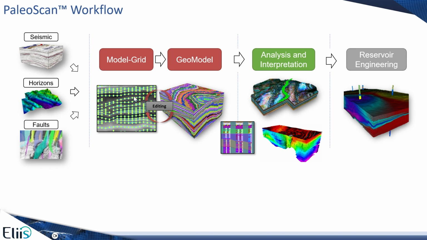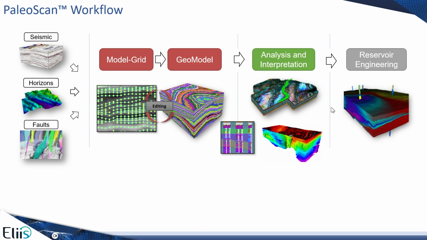It's important that we spend a bit of time editing our model grid so that our patches and horizons and the relative age relationships given to each of the patches within the model grid accurately follow the seismic, so that when we extract our horizon stacks from that geomodel, they are structurally accurate and ensure that the correct attributes are mapped onto them.